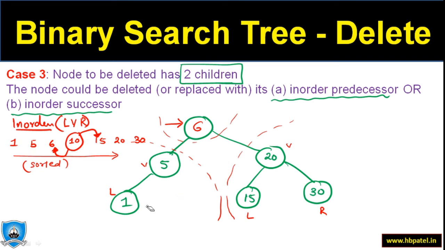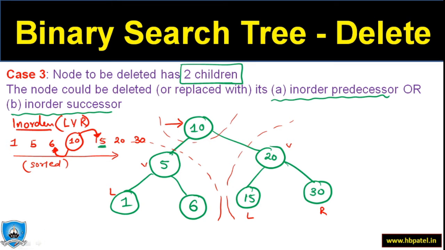So this is one option, and you can see that 10 has been removed, but at the same time the tree is still a binary search tree. It has been maintained. And the second option is, let me go back and do the thing again. Let me put this 6 back over here, and let me put that 10 back over there. Then try to replace by the in-order successor. The in-order successor is 15.